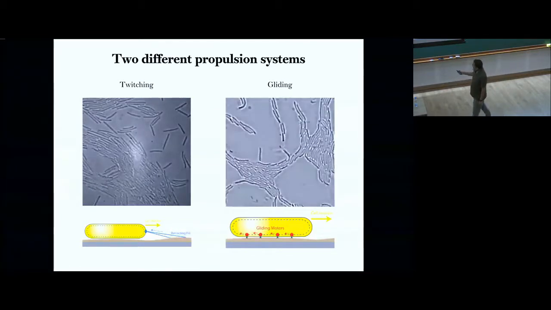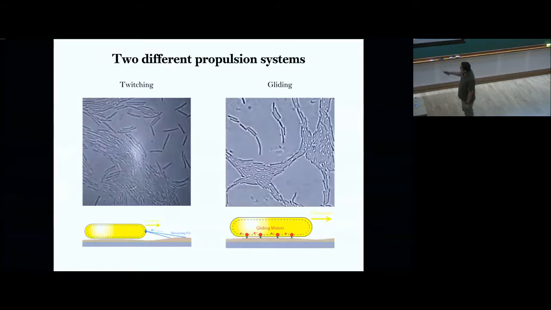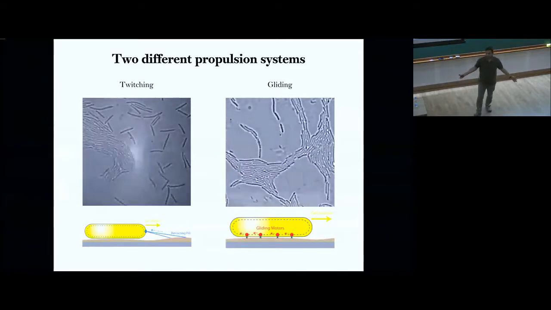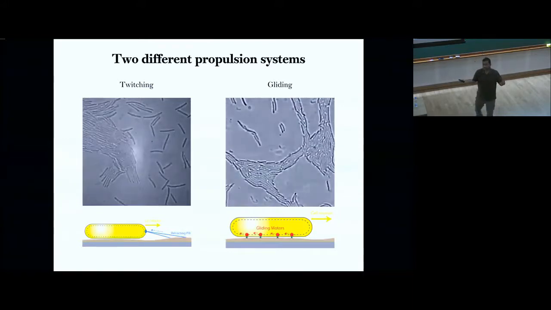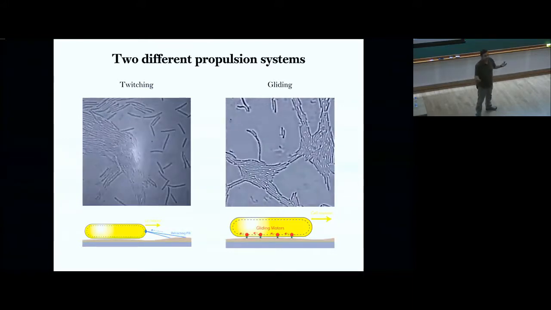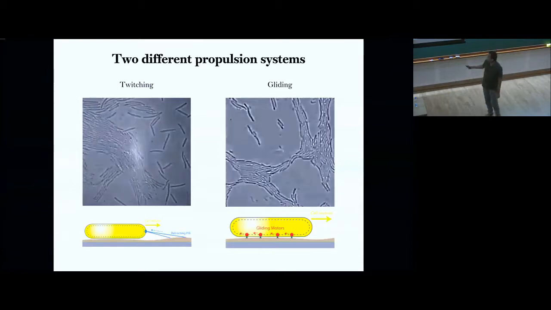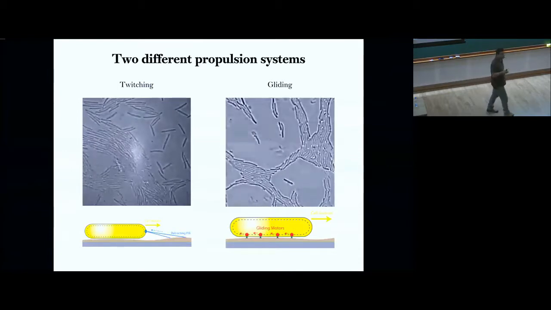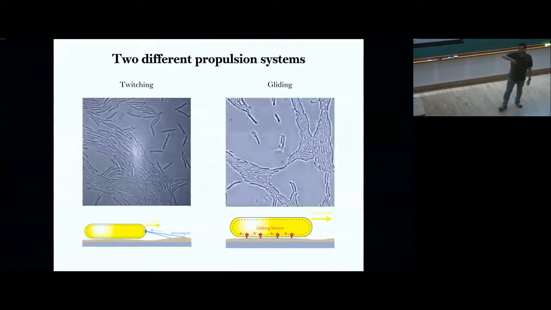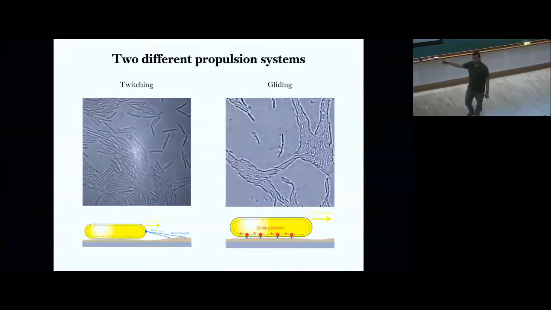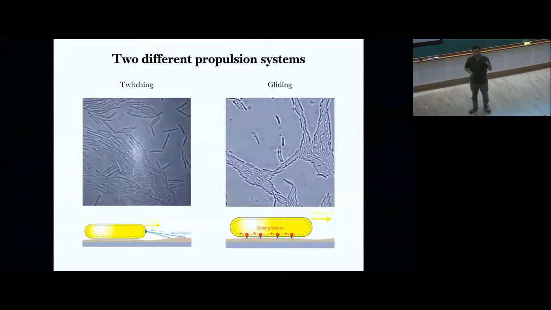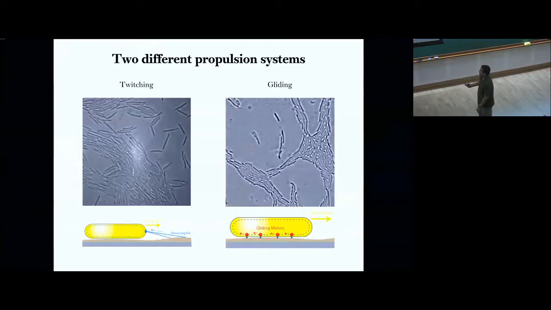In both of these processes, the cells also lay down slime. They produce this polysaccharide polymeric material that they eject and put down on the substrate, and they use it not only for enhancing their own motion, but as I'll show you later, for communication between individual cells and so on.